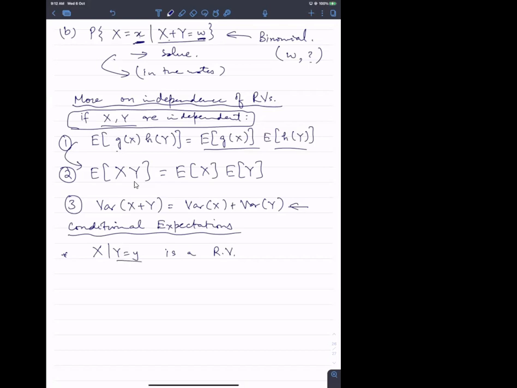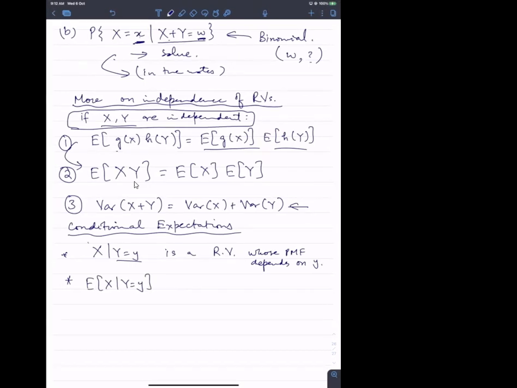And then I ask you, okay, what is the probability mass function of x given y is equal to y? X given y is equal to y is a random variable, ये ऐसा random variable है जिसका PMF depends on small y. So I can find expected value of x given y is equal to y.